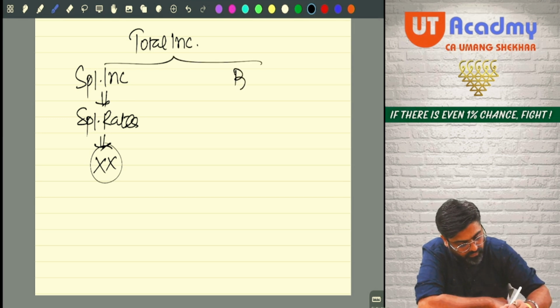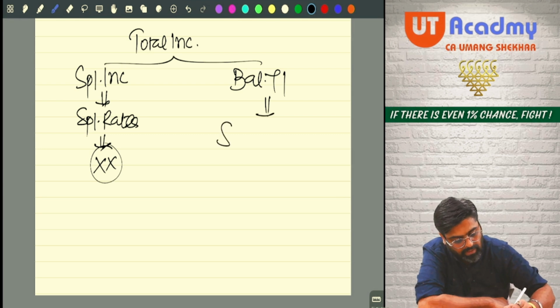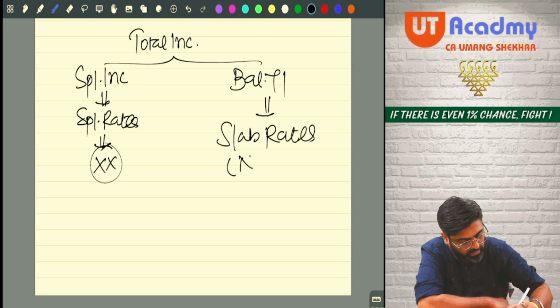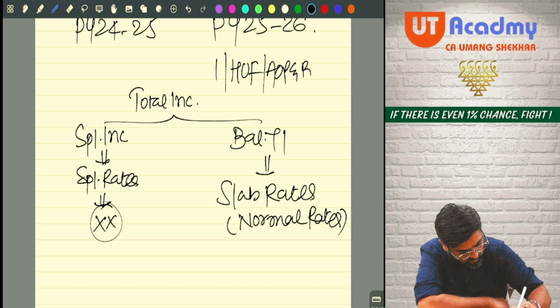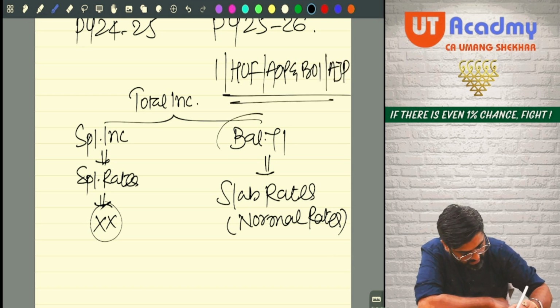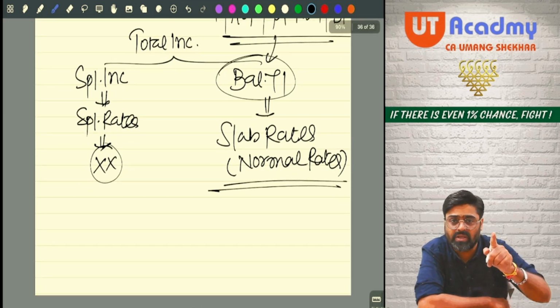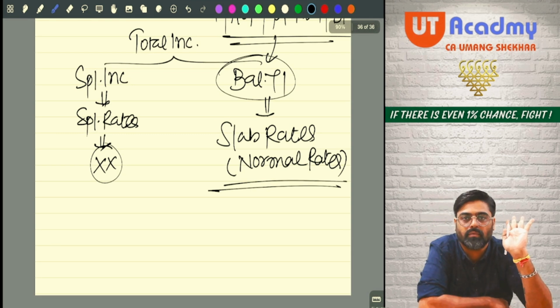On the balanced total income, you apply slab rates, and these slab rates are known as normal rates. If you are an individual, HUF, AOP, BOI, or AJP, then on your balanced total income you are supposed to apply the normal slab rates, which I have just shown. Yes or no?